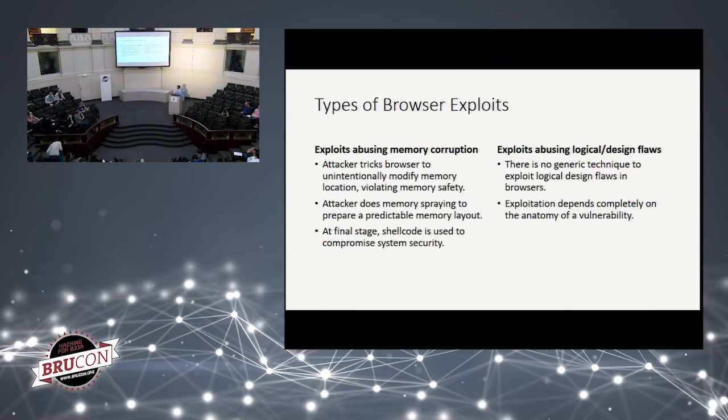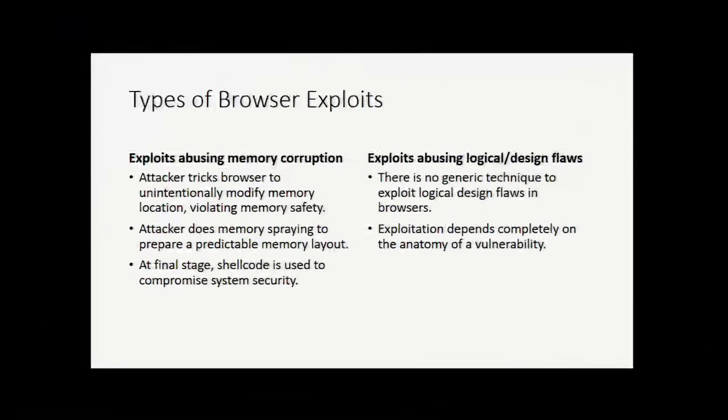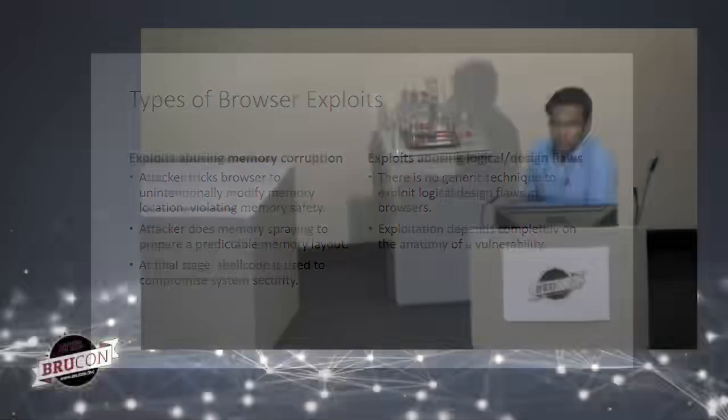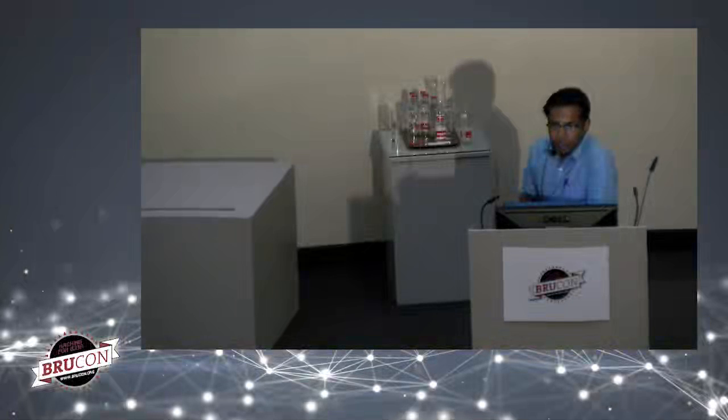If we have to divide the types of browser exploits, there could be many types. On a very high level we can divide them into two parts. First, exploits abusing memory corruption. The attacker tricks the browser into unintentionally modifying a memory location and violating a memory address. The attacker does some memory spraying, usually known as heap spraying, to prepare the memory layout.